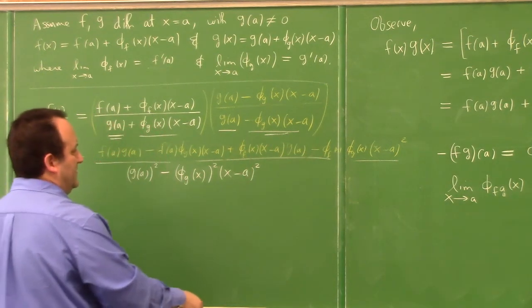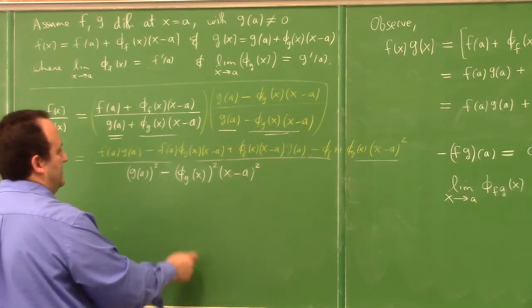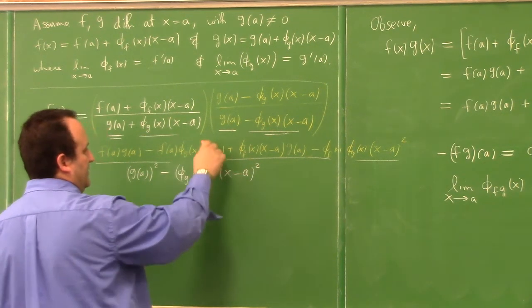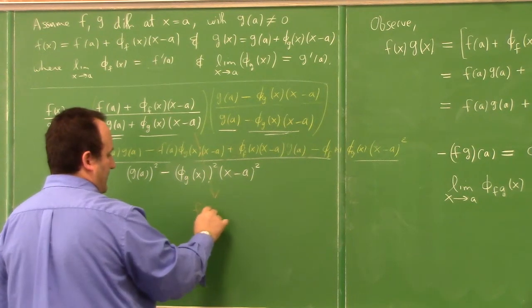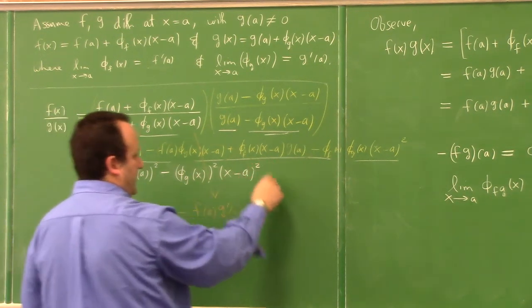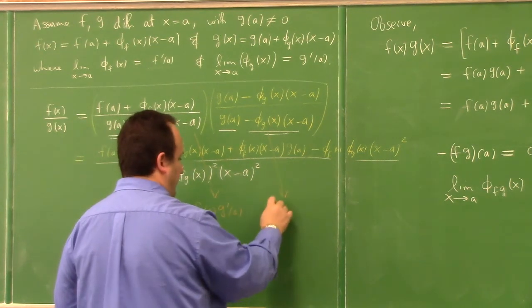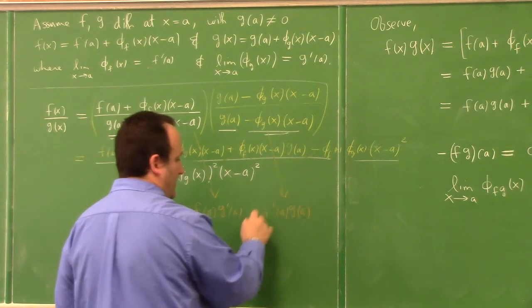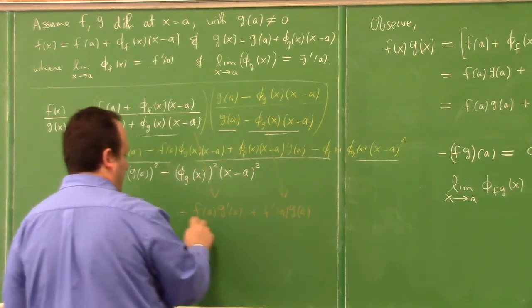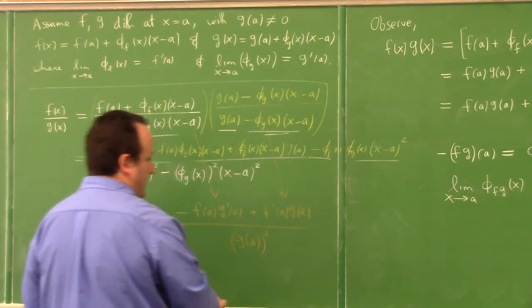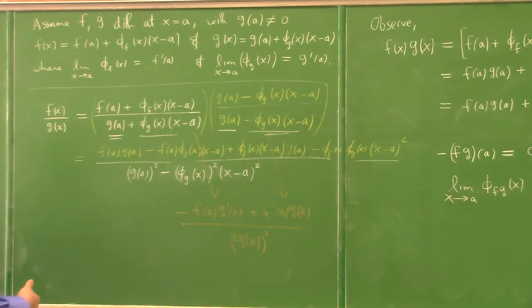And if you look at that, when x goes to 0, this piece is going to f of a g prime of a with a minus, and this piece is going to f prime of a g of a with a plus, right? And the bottom is going to g of a squared. And this is not a proof, right? But it is in fact the case that this is the quotient rule.